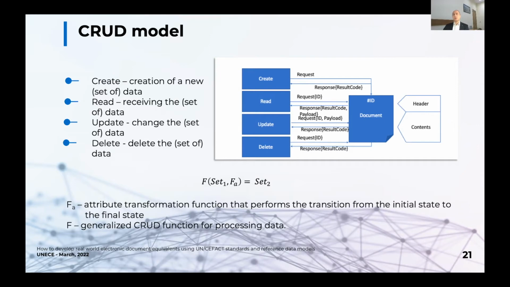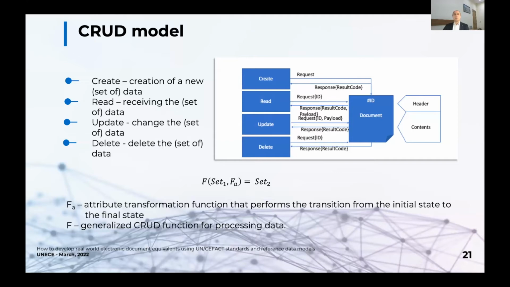An example of such aggregation would be the CRUD model that is derived from the relational database management systems, that is C is creation of a new set of data, R is read or receiving the set of data, U for update or change the data in data set, D for delete the data or delete the set of data.